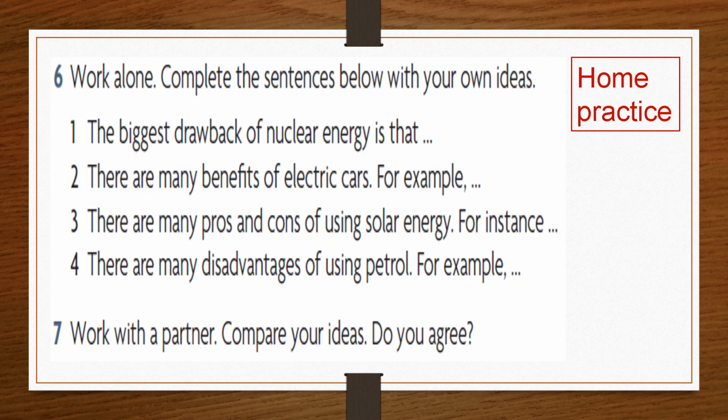Exercise 6. You can do it as a home practice, working by yourself. You can complete the sentences below with your own idea. For example, the biggest drawback of nuclear energy is that its complications, its problems can be catastrophic.